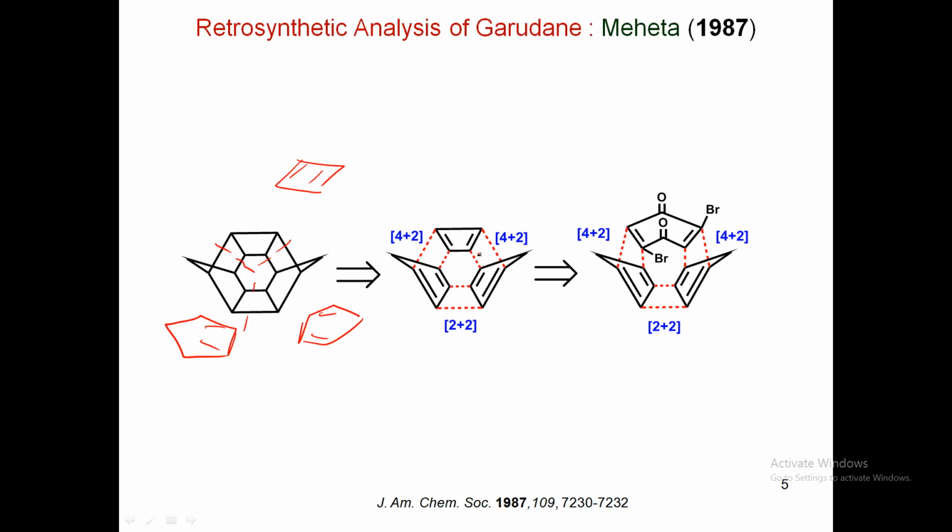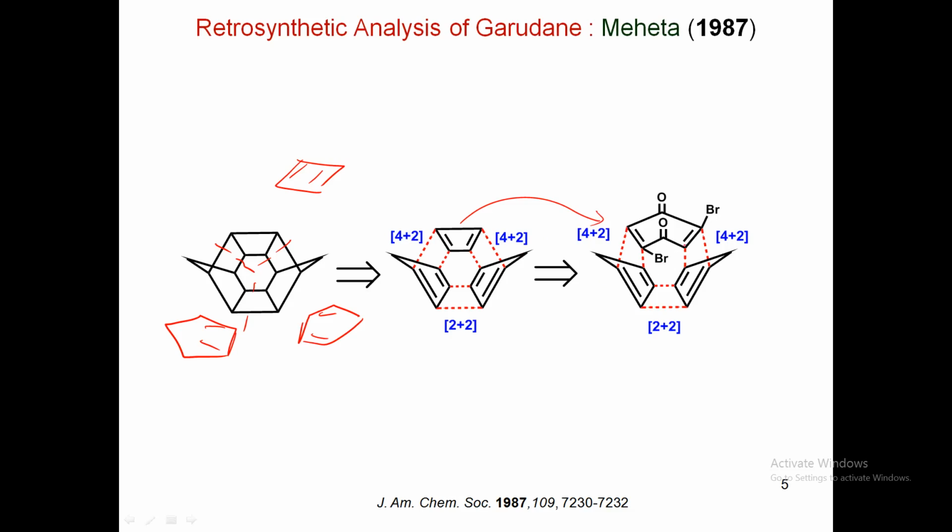So a normal 4 plus 2 would be difficult, because you can see both are electronically the same. So diene and dienophile, choosing this selectivity, what would be the diene and what would be the dienophile, would be difficult, and accessing this is also challenging. So to access this as a dienophile, we just modified this.